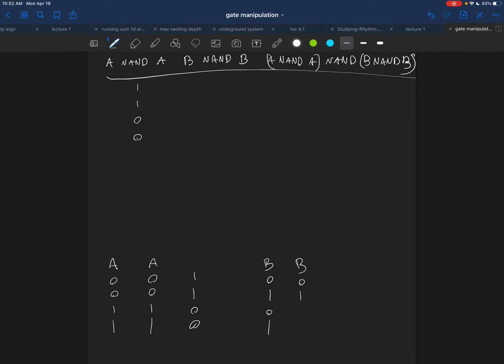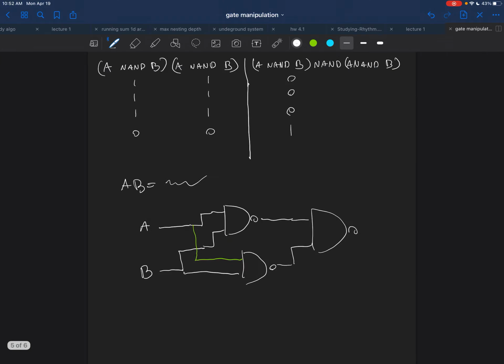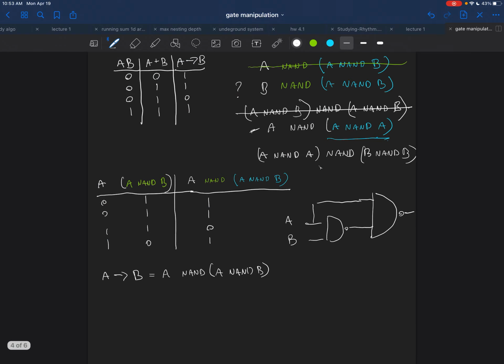B NAND B is 0, 1, 0, 1. Matches on the second and fourth column. So we have 1, 0, 1, 0. Okay, great. And now we look for the similar row, and we only have that on the first, and that's false. 0, 1, 1, 1. And is that what we want? Let's go back and check. It is what we want.